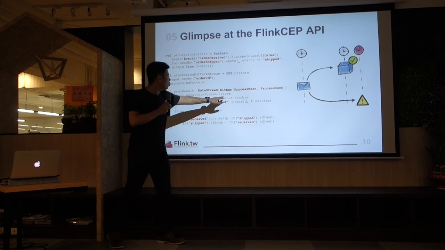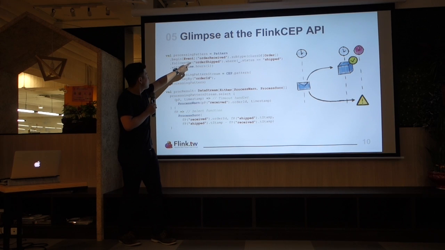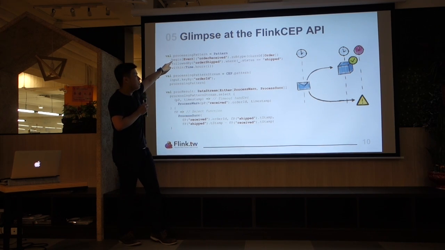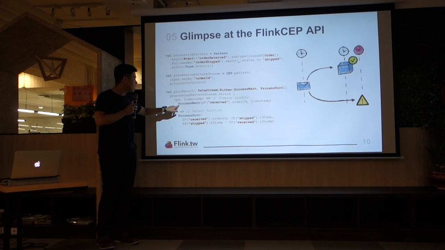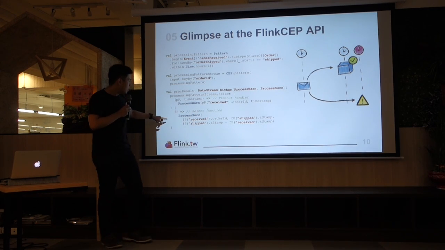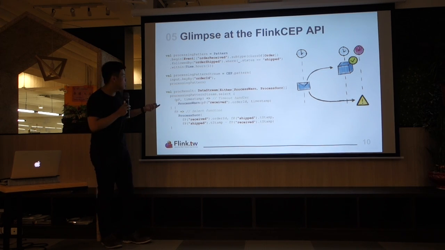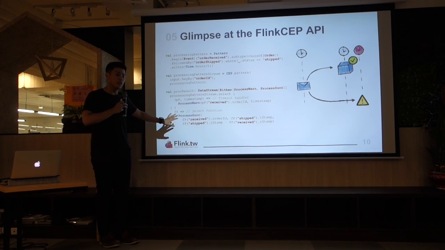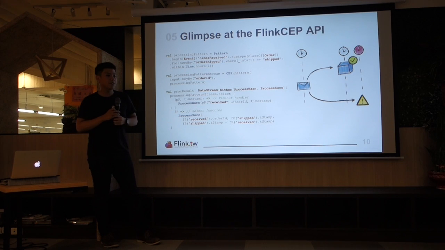This is called when this 1 hour is exceeded. So we received a begin, but then we did not reach this state within 1 hour. If so, this function is triggered, and we emit a process warn. If this pattern is matched within 1 hour, then this select function is executed, and this is the process success.